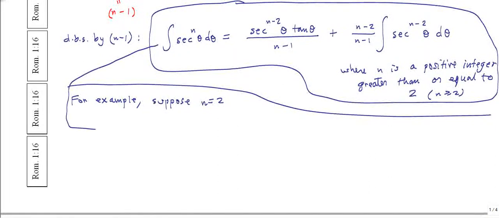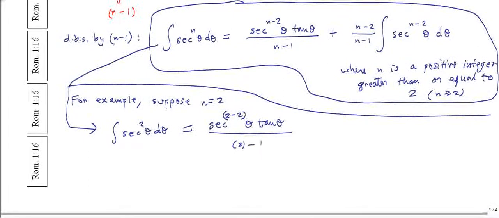So I'm going to find that the integral of secant squared theta d theta, just plugging in, is secant to the 2 minus 2 power theta times tangent of theta over 2 minus 1 plus 2 minus 2 over 2 minus 1 times secant to the 2 minus 2 power theta d theta.